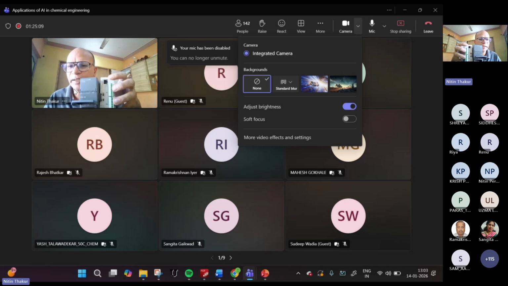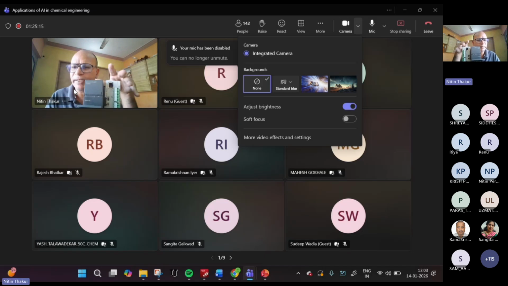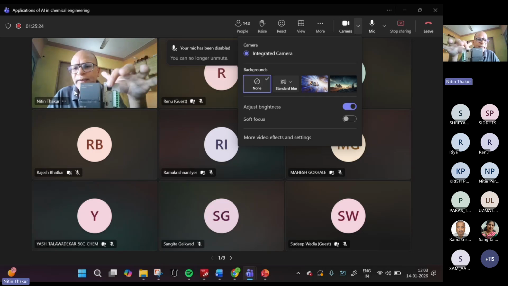This PLC is then connected to the internet. Just to make it simple, let's say it is connected to Google Cloud or AWS, the Amazon Azure. And this data is being stored over there on the cloud.